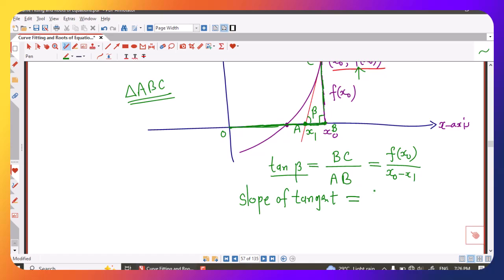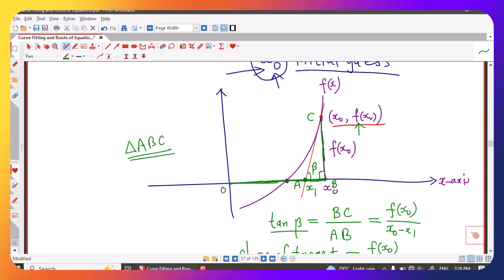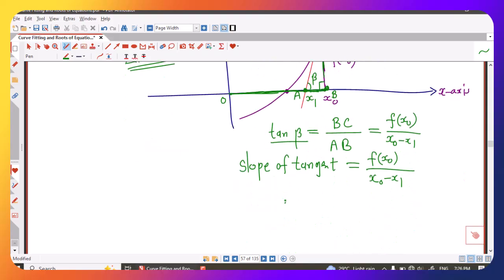So we find that slope of the tangent is f of x0 divided by x0 minus x1, and from calculus we know that slope of the tangent to the curve at any point is given by derivative of function at that point. So therefore slope of the tangent is nothing but first derivative at point x0, and this is f of x0 divided by x0 minus x1, and we are interested in developing the formula for x1.